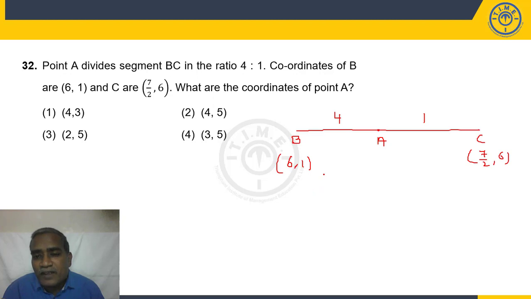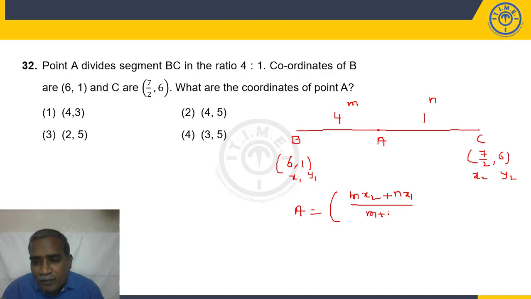That is the formula. So A is equal to, this is x1, y1, and this is x2, y2. Suppose this is m and this is n, then what is the formula? (m into x2 plus n x1) by (m plus n), comma (m y2 plus n y1) by (m plus n).